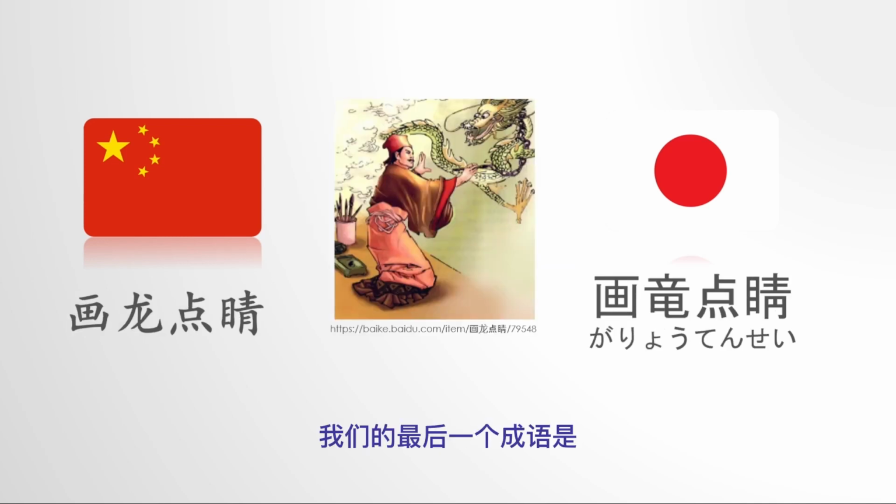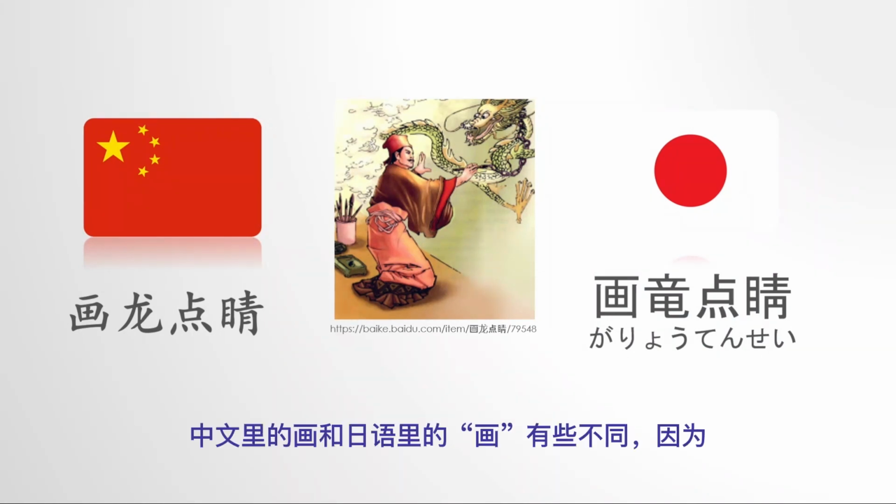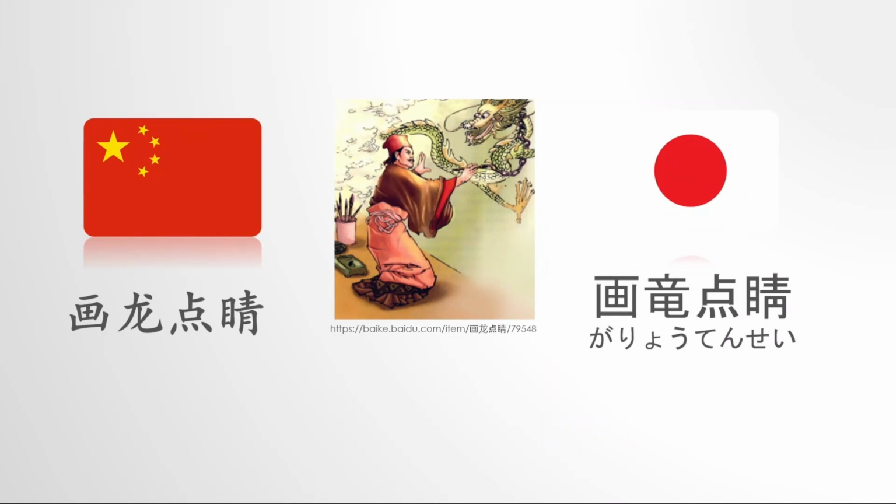And our last idiom of the day is 画龙点睛 or 画龍点睛 in Japanese. In this one, there are 3 characters that are different. The Chinese 画 and Japanese ga are different because the little vertical line at the middle sticks up in the Japanese while it doesn't in the Chinese.